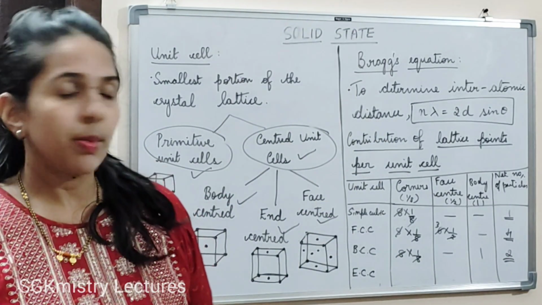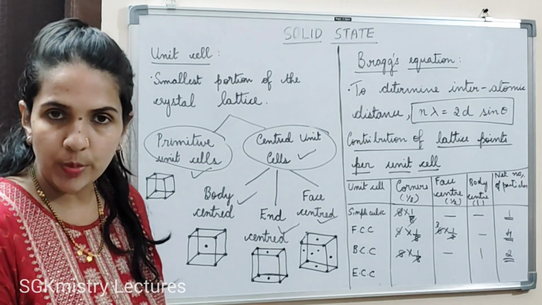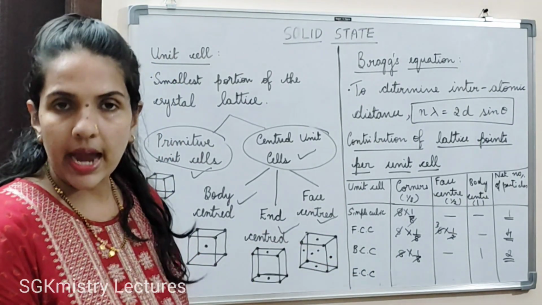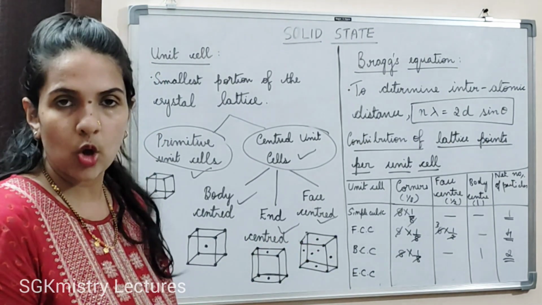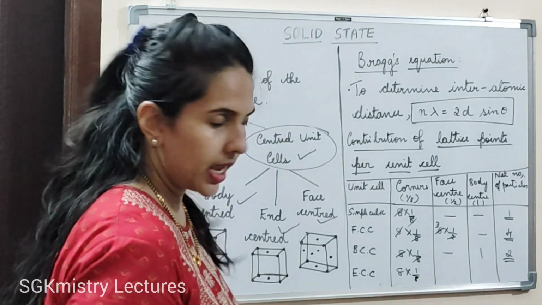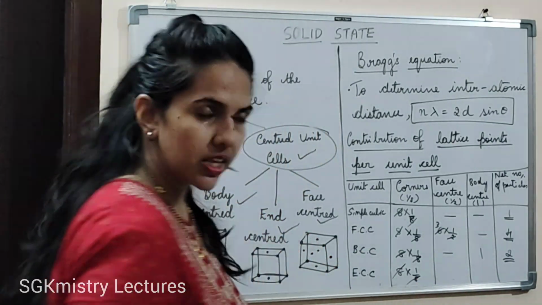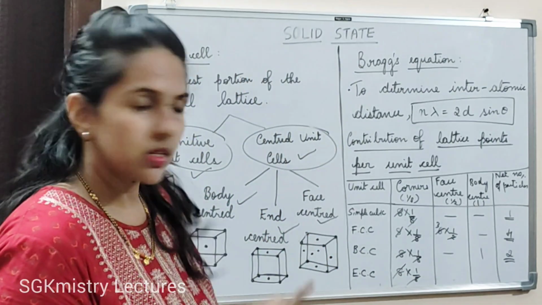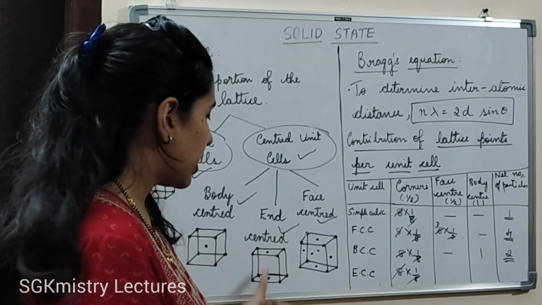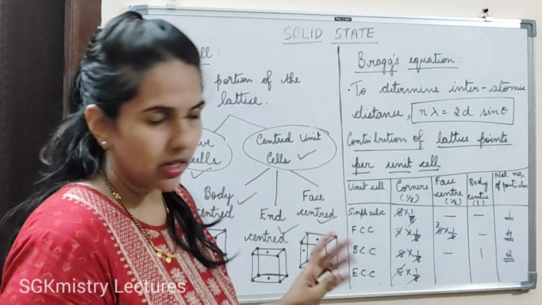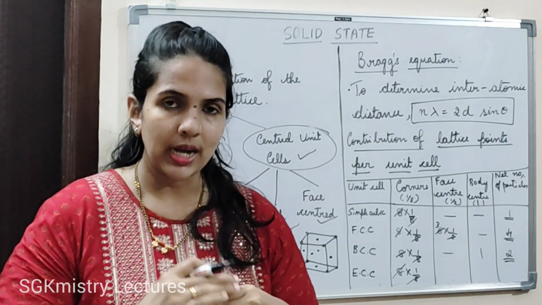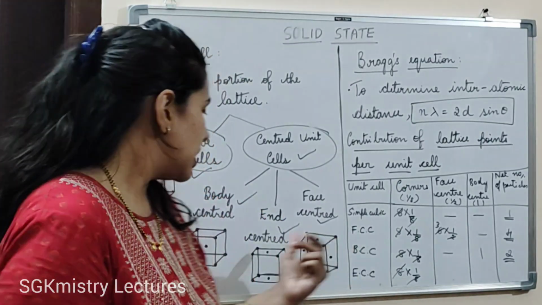Next, coming on to the end centered cubic unit cell, which is nothing but ECC. Here there are 8 particles in the 8 corners. As usual, we have 8 and the contribution is 1 by 8, so 8 and 8 cancel with each other. There are 2 atoms at the end, on 2 opposite faces. Each particular particle is shared between 2 unit cells.